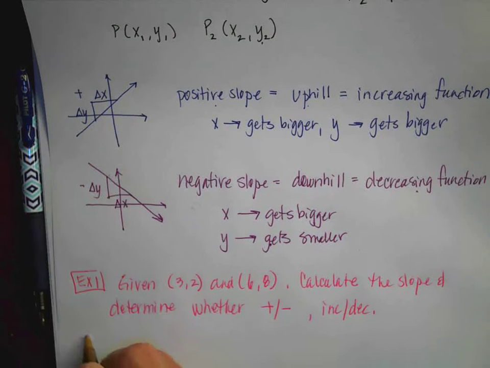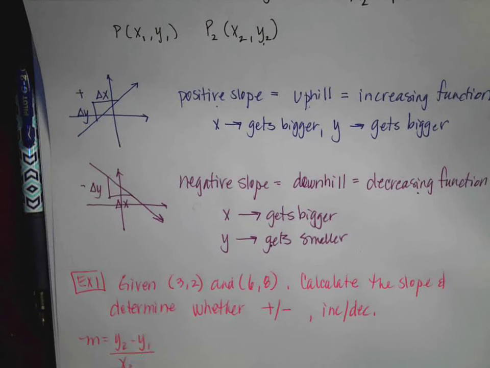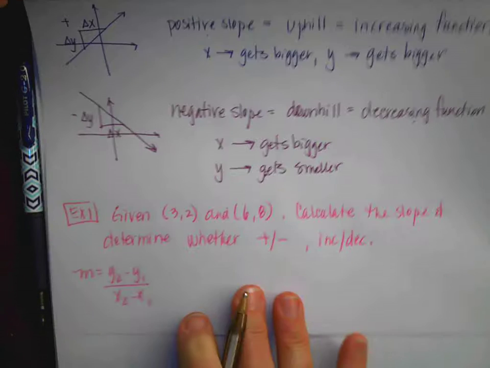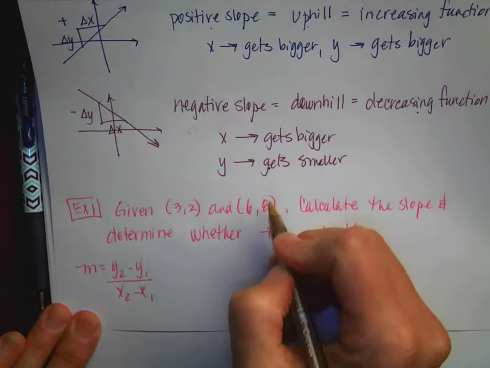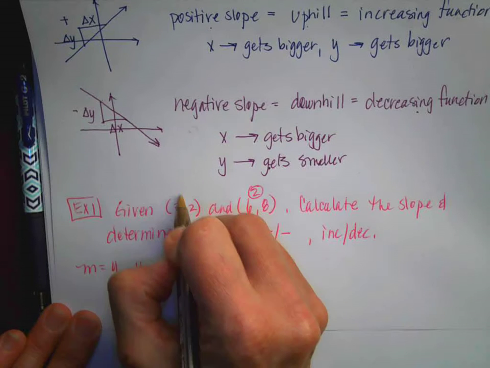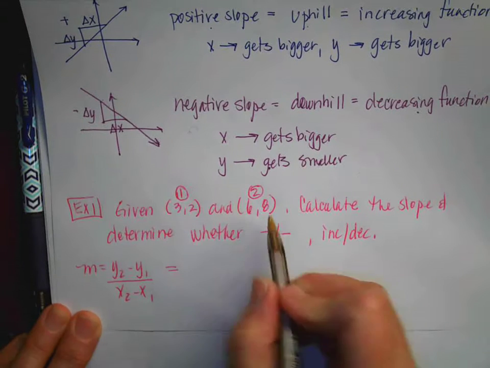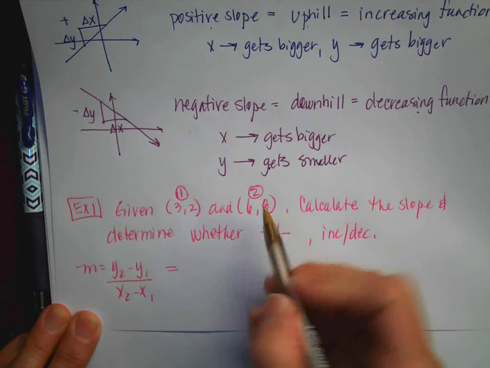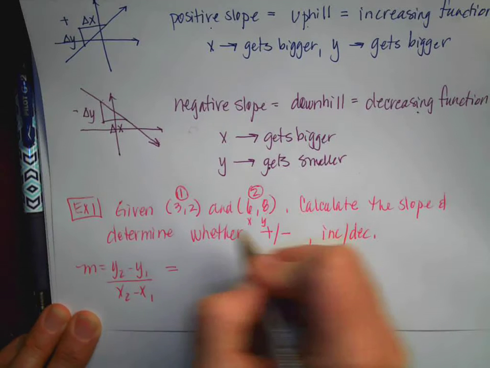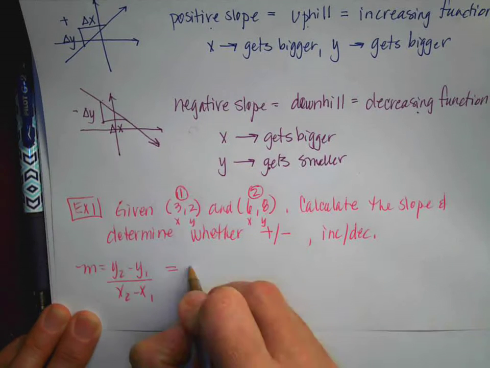Okay? So because my slope equation is y2 minus y1 over x2 minus x1, I would write a 2 and a 1 because I need to be consistent and then I don't make silly math mistakes. Here's my y values. If it's helpful, you can also label as x and y.